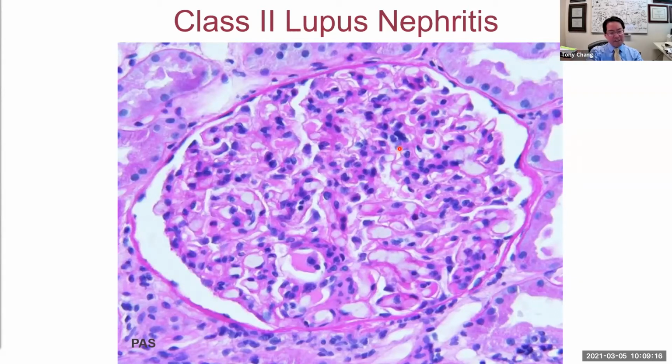Here on this section, you can see that a lot of the mesangial areas are hypercellular, but the capillary loops still remain patent. And so that's a useful clue that there's really not significant endocapillary hypercellularity, or a significant influx of leukocytes, that the hypercellularity is confined to the mesangial areas.